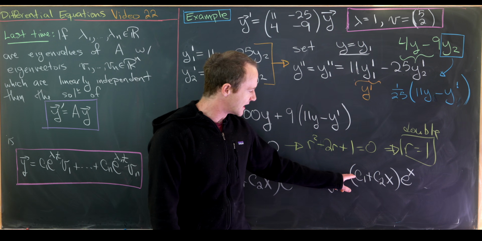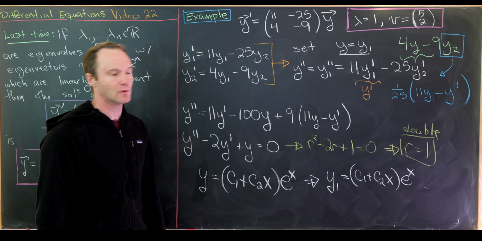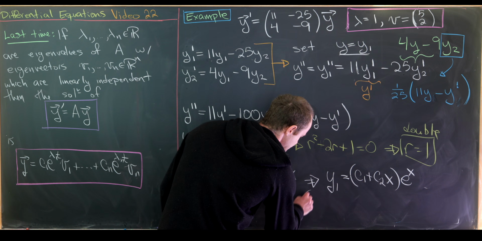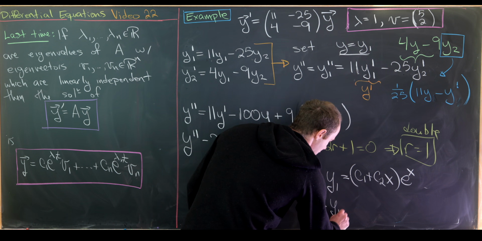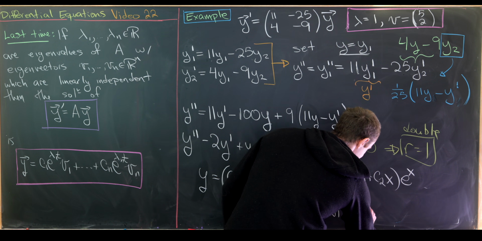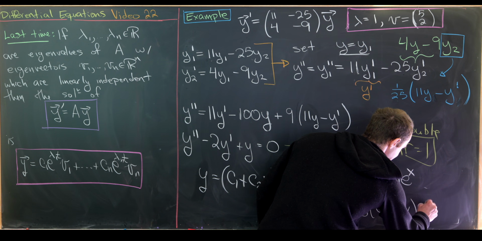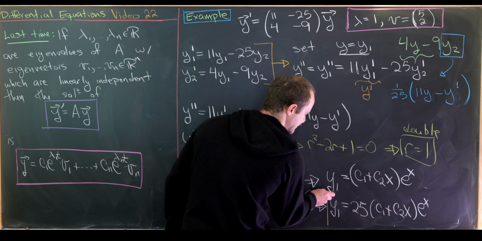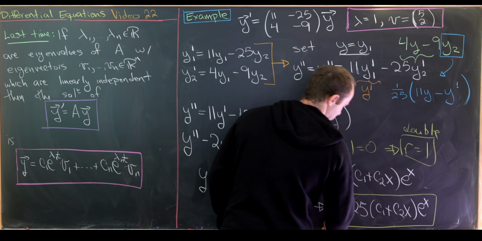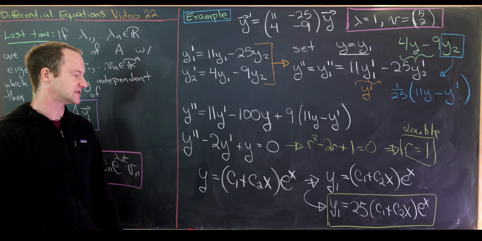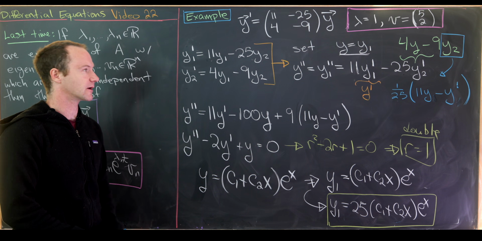So we might as well pull a 25 out of c1 and c2 by renaming c1 and c2. So what I'll do is instead call y1 25 times c1 plus c2x times e to the x, where really I've just renamed c1 as 25 times c1 or something like that. Those are arbitrary constants, so that's totally legal here.